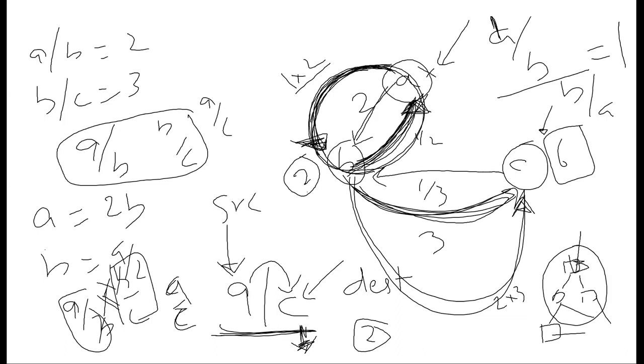Now for a more elaborate answer, it will take some more time because I want to map this problem to union find, as someone was already suggesting. So first of all, intuition. In this problem we had A divided by B equal to 2, B divided by C was 3, something like that.